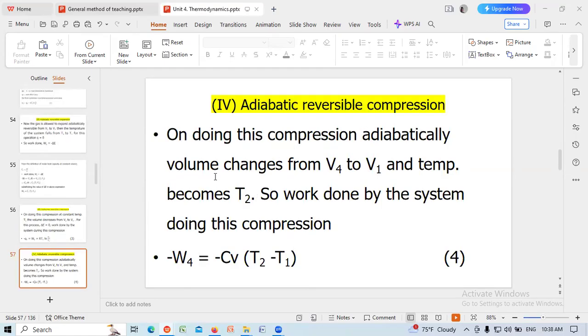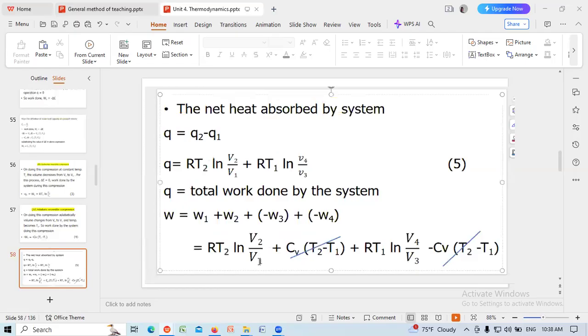Adiabatic reversible compression: adiabatically, the volume goes from V4 to V1 and temperature becomes T2, so work done by the system during this compression is minus W4 equals Cv(T2 minus T1).